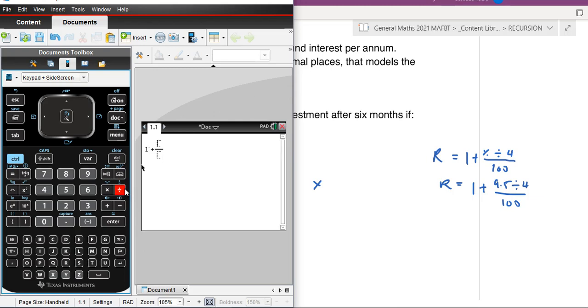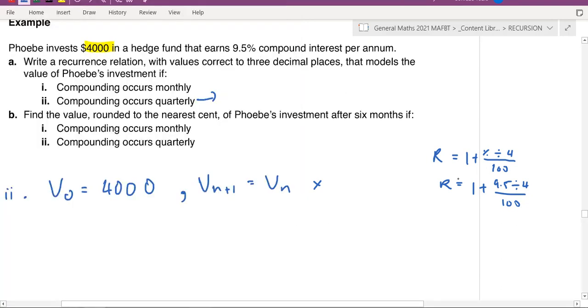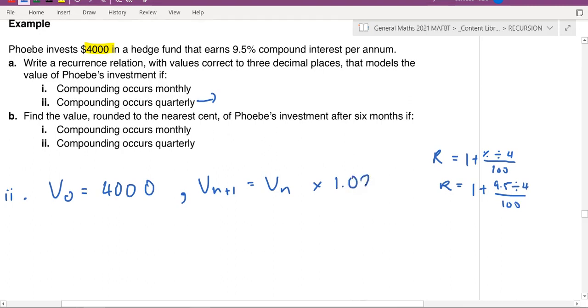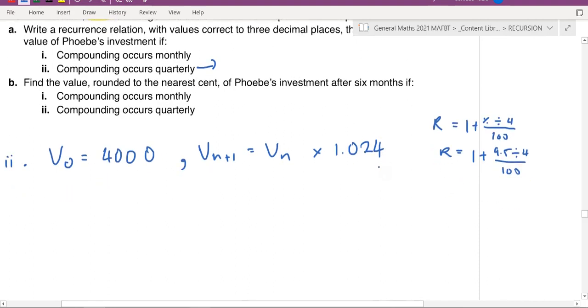That'll give us a fraction. So it's 9.5 divided by 4 over 100. So that'll be... Oops, what did I do? Oh, there's a space there. Okay. 1.0237. So I think it's 3 decimals again. Yep. So 1.0237, we'll make this 4. So there's my R value.